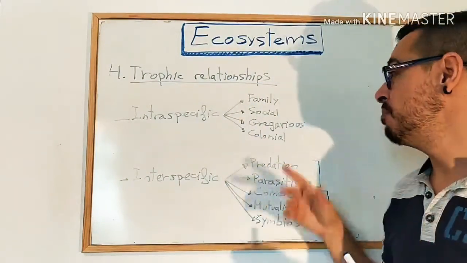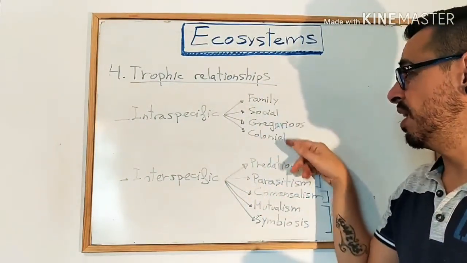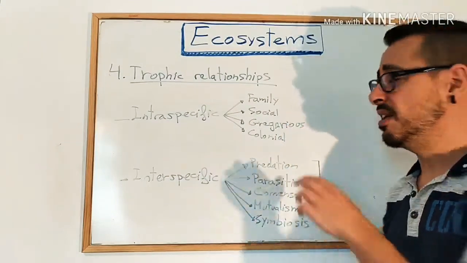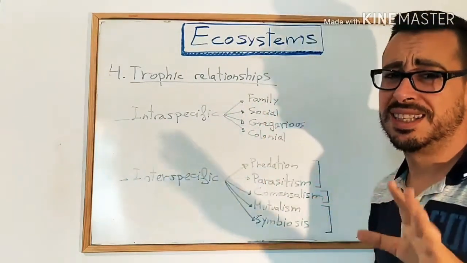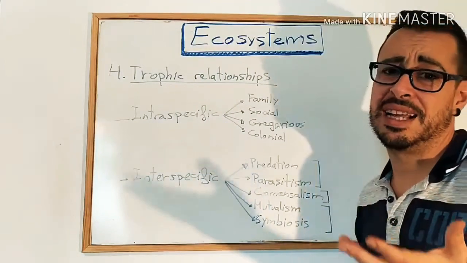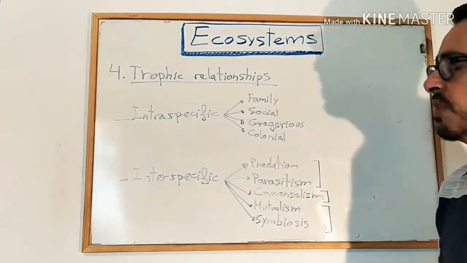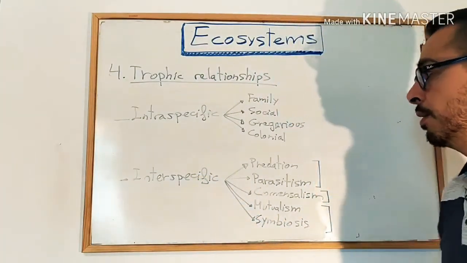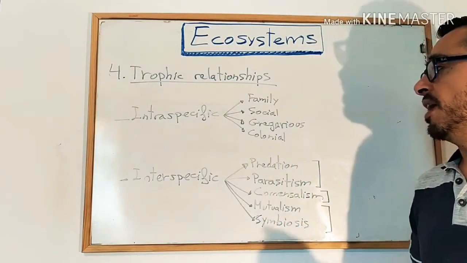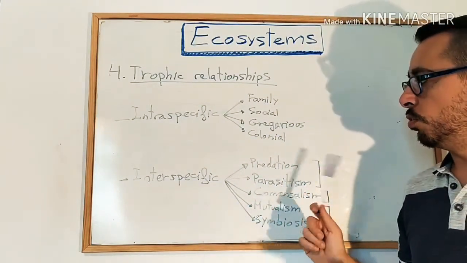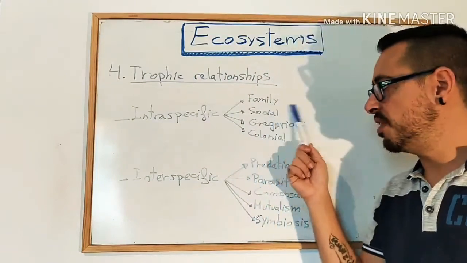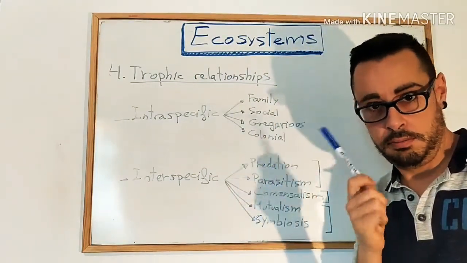Corals are colonies. They are more or less a social association, okay? Colonies and social associations are more or less the same, because we can say an ant colony, okay? Una colonia de hormigas, se puede decir. Okay, so this is not so difficult. I hope you write everything, all the definitions.